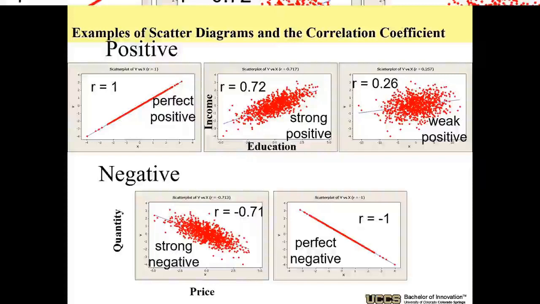It doesn't tell me the slope of the line, just that it's a straight line. A positive correlation means there's a general trend, so the red dots are going up and to the right. With a weak correlation, there's a little bit of a line fit between them, but it's very fuzzy. A negative correlation is the same thing, except the red dots are going down and to the right. And with a perfect negative correlation, they're exactly on a line going down.